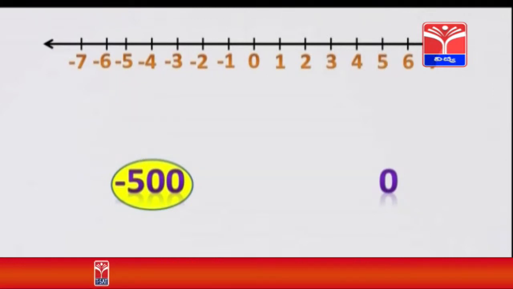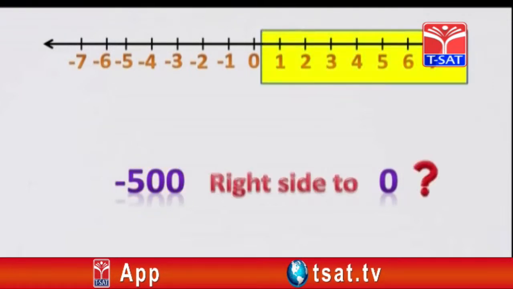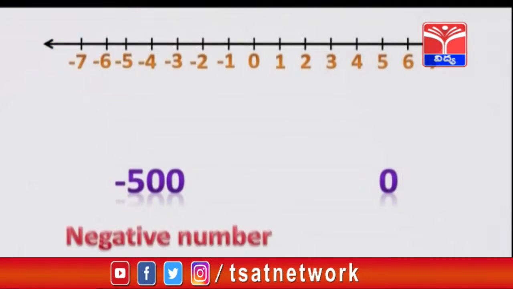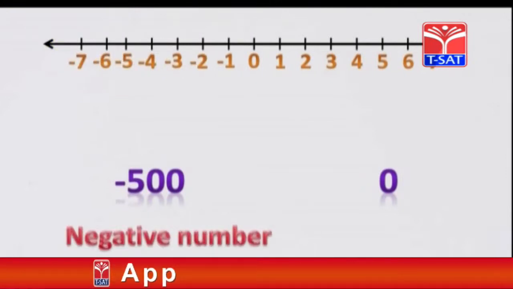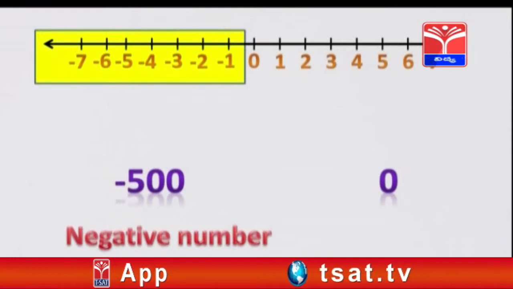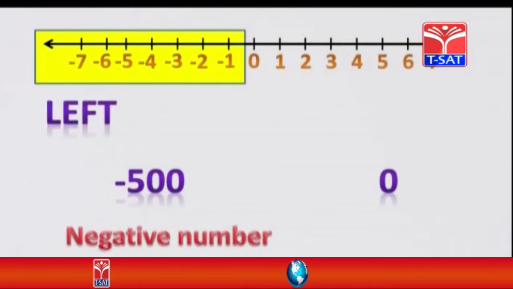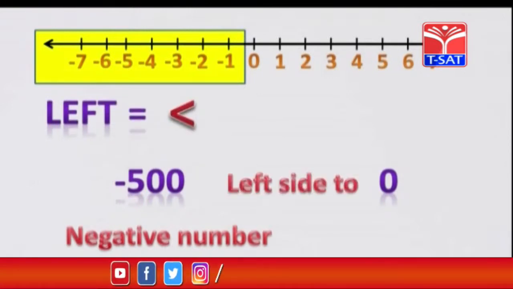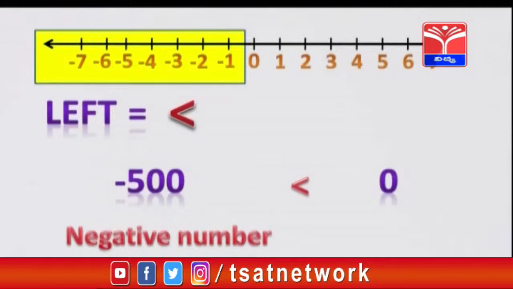For this, observe here: we must first check whether this minus 500 lies on the right side of 0 or the left side of 0. And you know that minus 500 is a negative number, and a negative number always lies on the left side of 0, and the left number is always the lesser number. Thus minus 500 is on the left side of 0, hence it is less than 0.